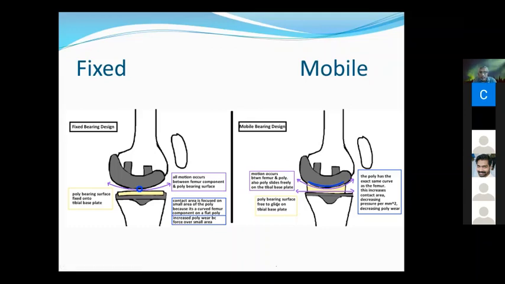At least the basic topics are extremely useful, and it's worth having a look. So here you can see there is more movement certainly possible in the mobile bearing, but at the same time, it can flip. It has got its limitations.